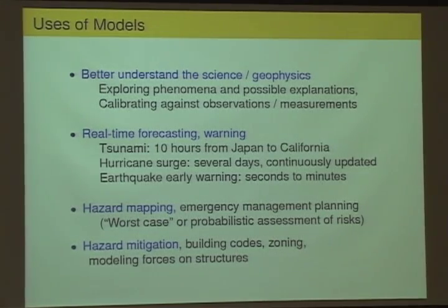I'll say a little bit more about that at the end. And then that can tie into hazard mitigation, and how you do zoning or come up with better building codes. As I said, we're working now with some civil engineering people on modeling tsunami forces on structures and on bridges, and using the results of these tsunami models to tie into designing better infrastructure to make us safer in the future.